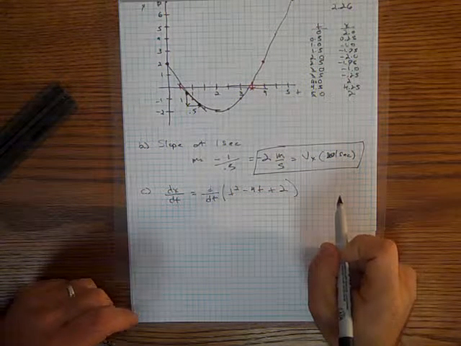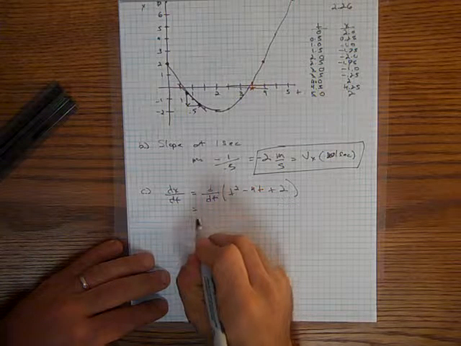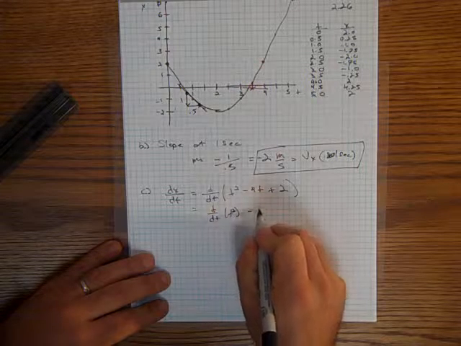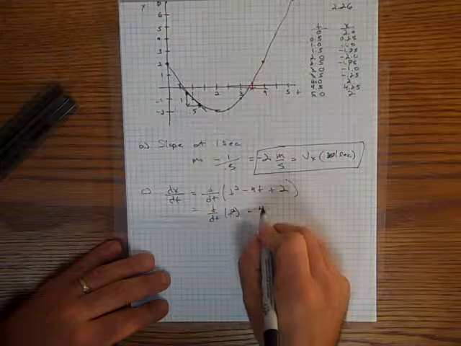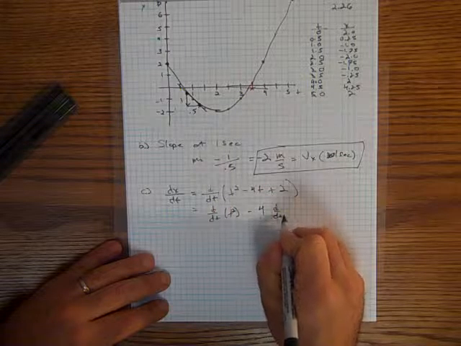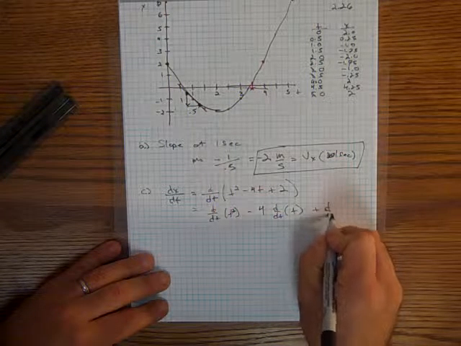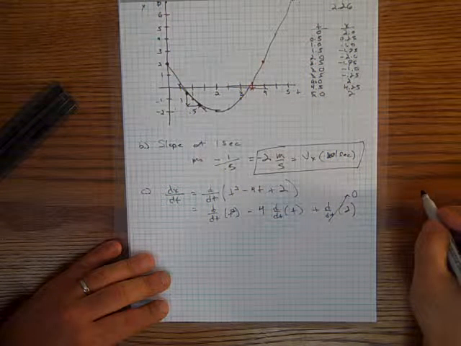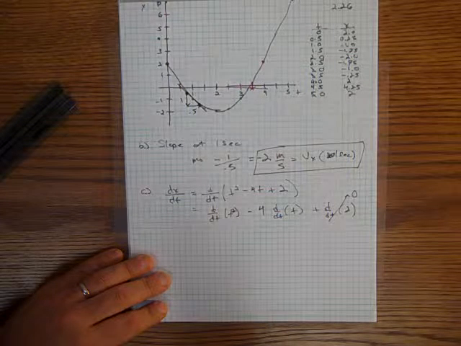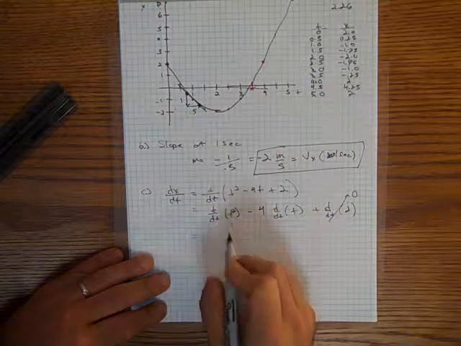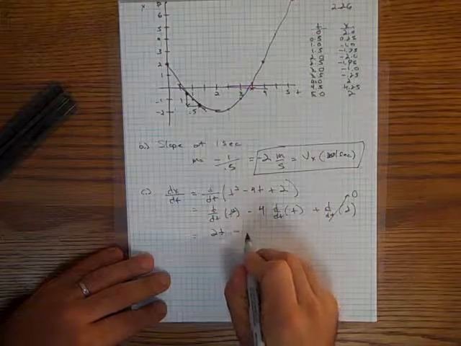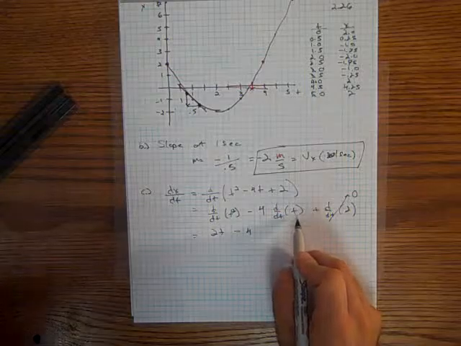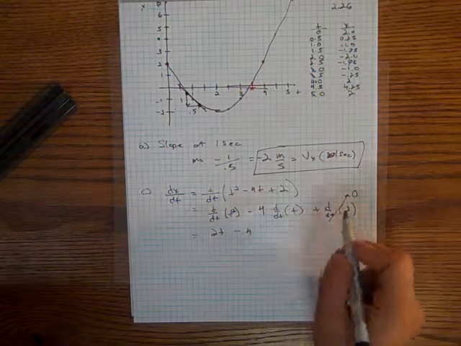The derivative of the sum is the sum of the derivatives: d/dt of t squared, minus the 4 outside because those are constants, d/dt of t, plus d/dt of 2. The derivative of a constant is 0. Working through each term, I bring the 2 down, 2t, minus 4, and the derivative of t to the first is just 1. The derivative of the constant is 0.